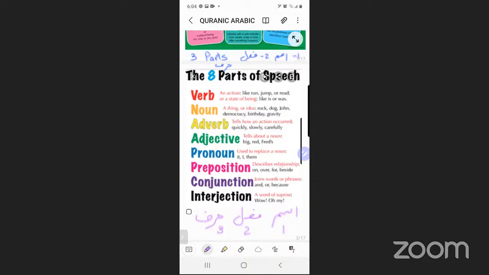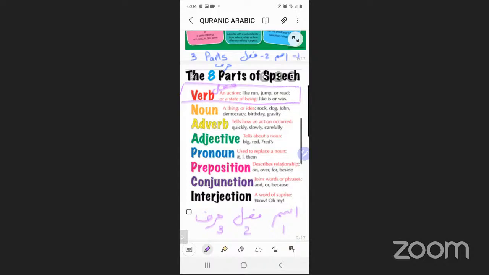If we see here verb, yes, that's the fi'l. So in fi'l, it's like jump, it's an action word, right? Read, sit, as you can see, all these examples are of verbs we already know. Another thing of the verb is verbs are in present, past, or future, right?